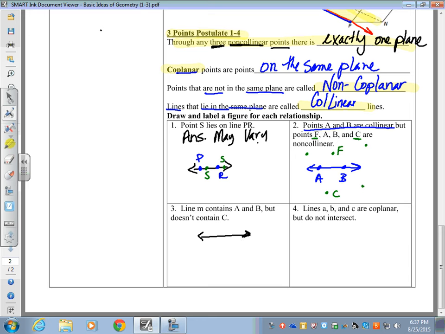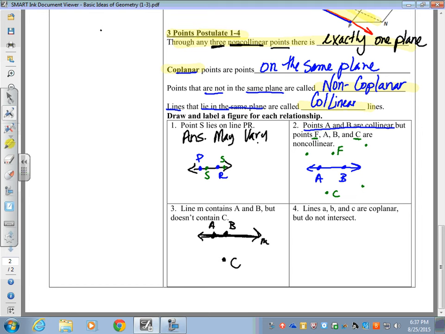And then we need the lowercase cursive m, the subscript m, next to the arrows. And then we need A and B contained in that line, but C does not belong to it. So we need points A and B somewhere on the line, and C not on the line.